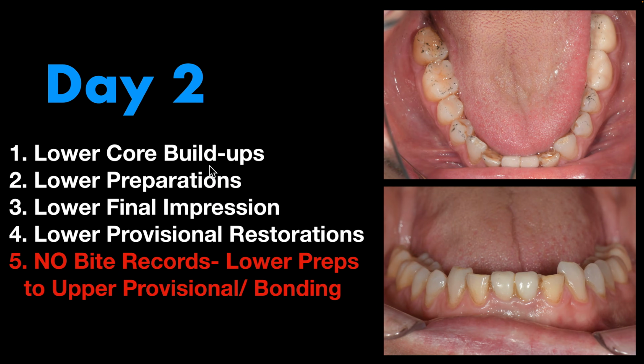So day 2, we're going to do the lower core buildups, lower preps, lower final impression, lower provisionals. I decided we wouldn't do the bite records because we're making a fairly big occlusal change to his occlusion. I'd like to test that out for a few weeks before we take any bite records. And we're finishing the upper arch first.